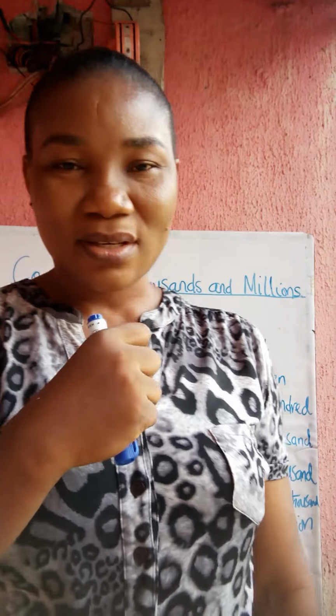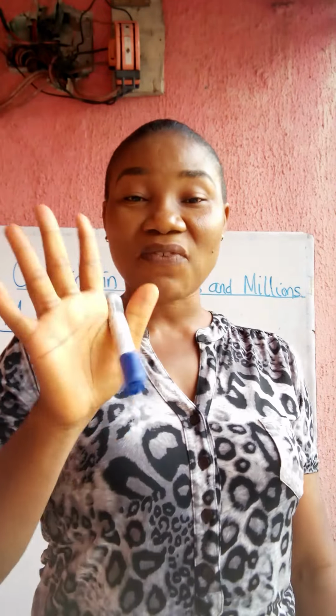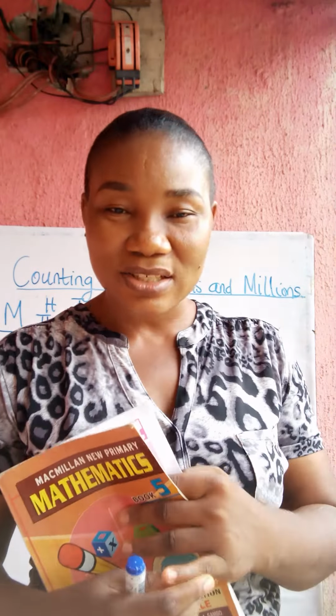Our tens, 2 digits. Our hundred, 3 digits. Our thousands, 4 digits. Our 10,000, 5 digits. Our 100,000, 6 digits. Then our million, 7 digits.